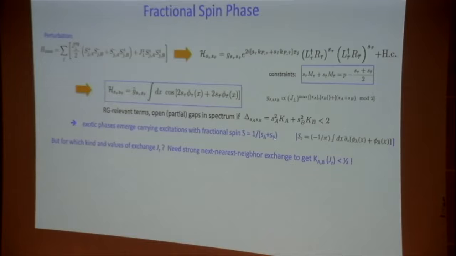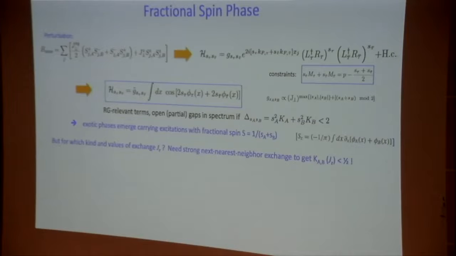In general, this gives us a fractional spin. And so that means we have now found a new phase of matter with all excitations carrying fractional spin to begin with. The question now is, we made a few assumptions on these original parameters of the system.